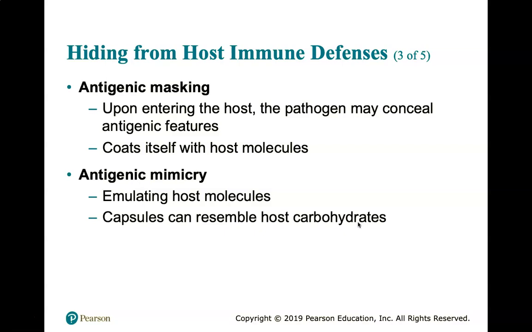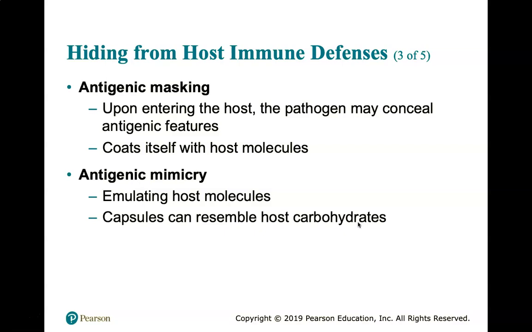Antigenic mimicry. So it acts as if it's the host. It emulates the host molecules. Capsules, for instance, can resemble carbohydrates that stick off of our cells. Every cell we have, almost every single cell, has things sticking off of its membrane.